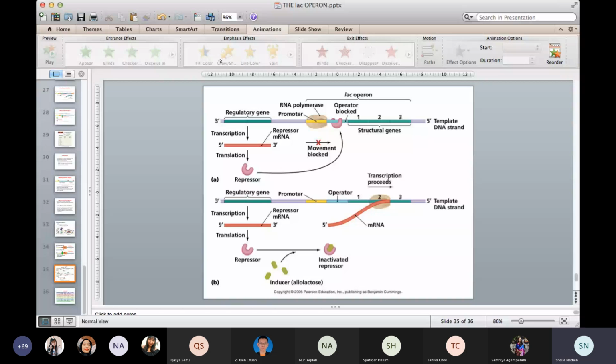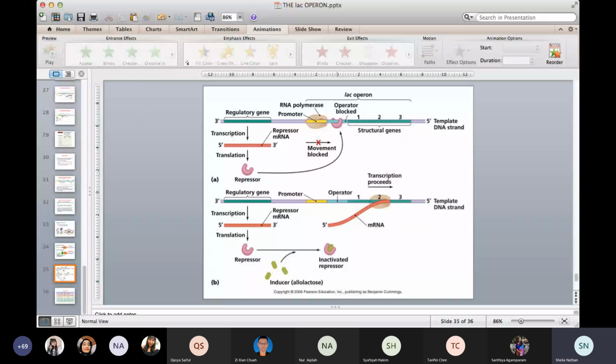In the case where your regulatory gene, your LacI gene, is producing your repressor molecule, in the presence of glucose there is no lactose. So the shape of the repressor molecule remains the same, and it will now bind to your operator. Because it is bound to the operator, it is going to block the RNA polymerase.